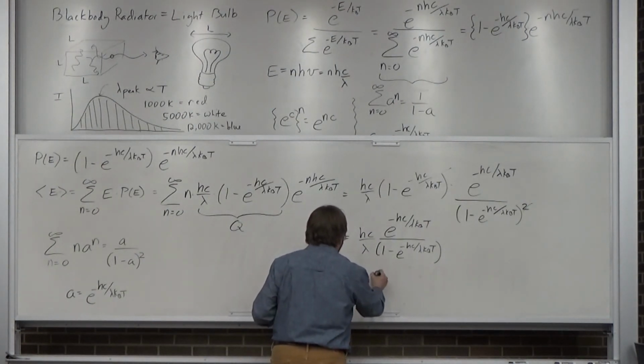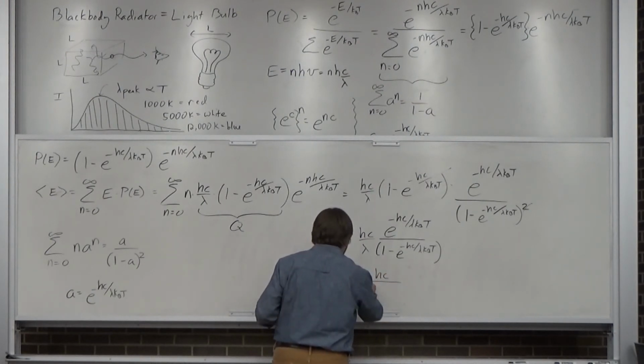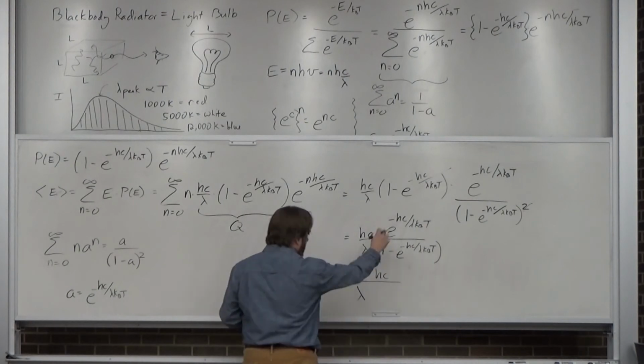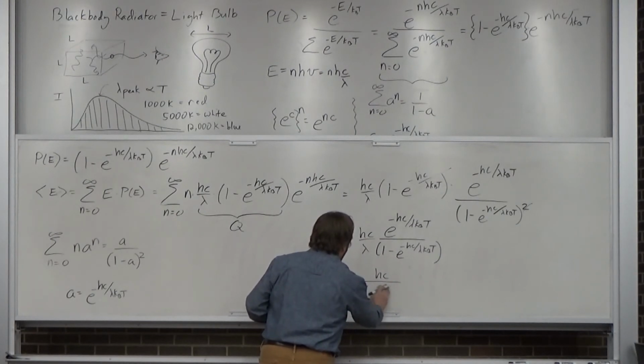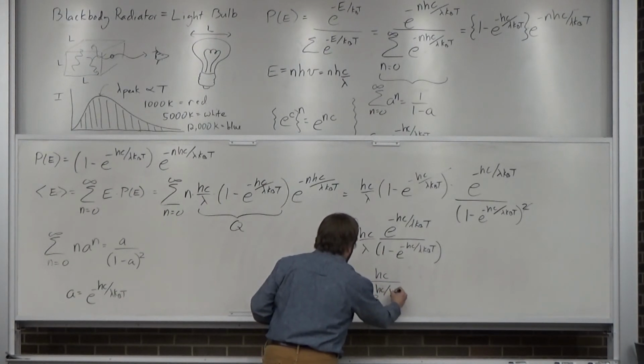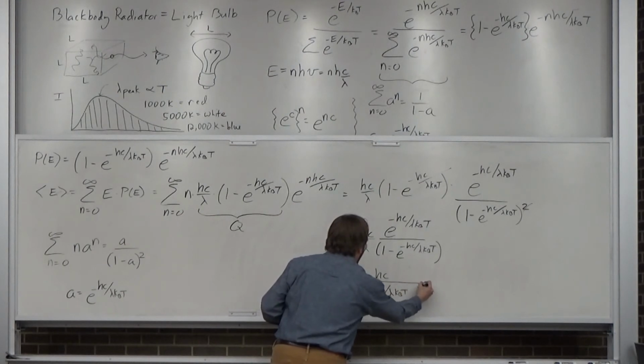What you get is hc over lambda. Problems like this are very common in physical science, so I'm constantly running into this. And every time I see this step done, I kind of do a double take. And so I want you to see that and know why it's happening.